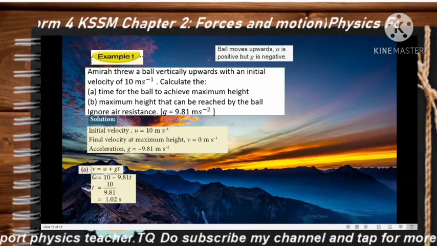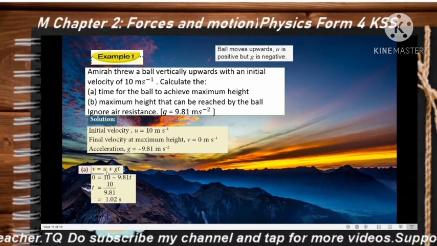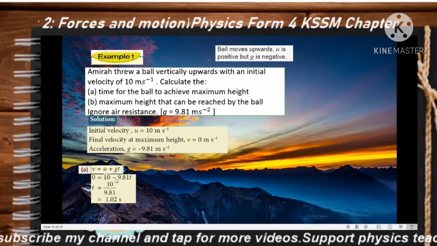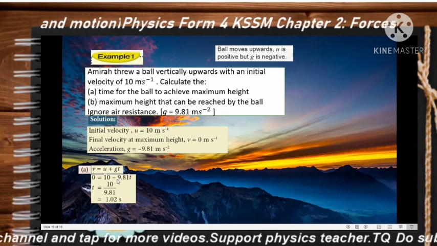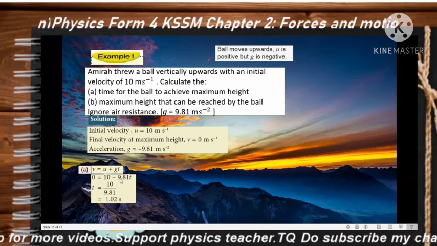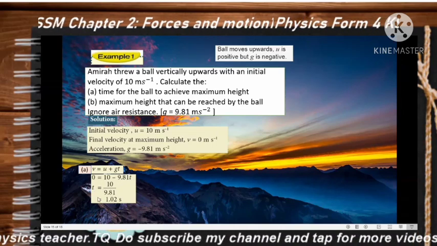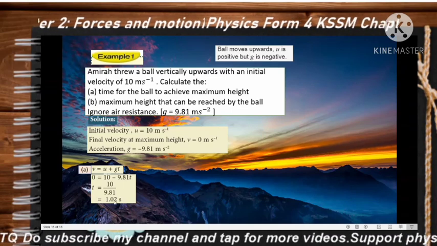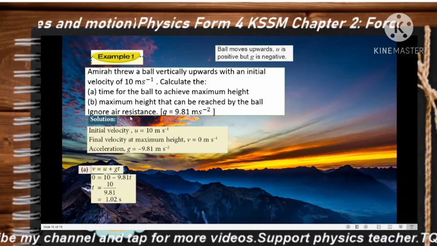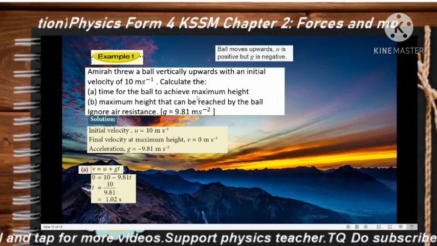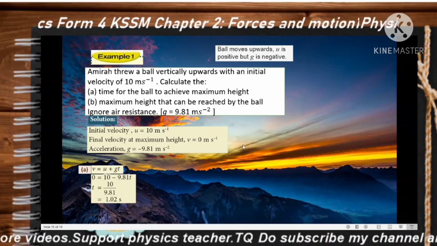Final velocity at maximum height is 0, initial is 10, g is negative, so you must put the negative sign: 0 = 10 + (-9.81)t. Then you get t equals 1.02 seconds. So we get the time for the ball to achieve maximum height.